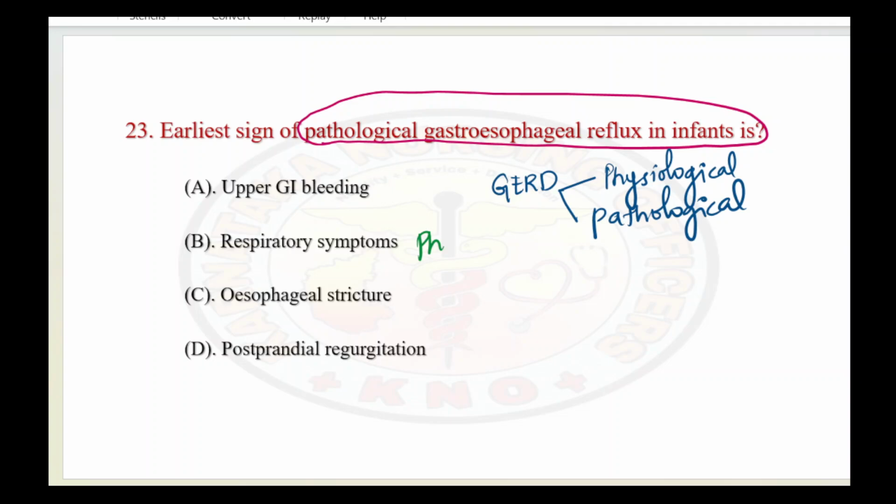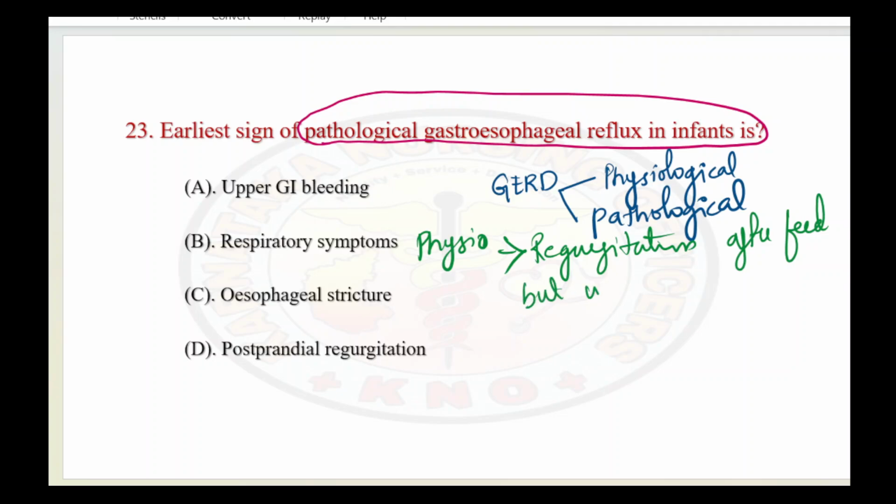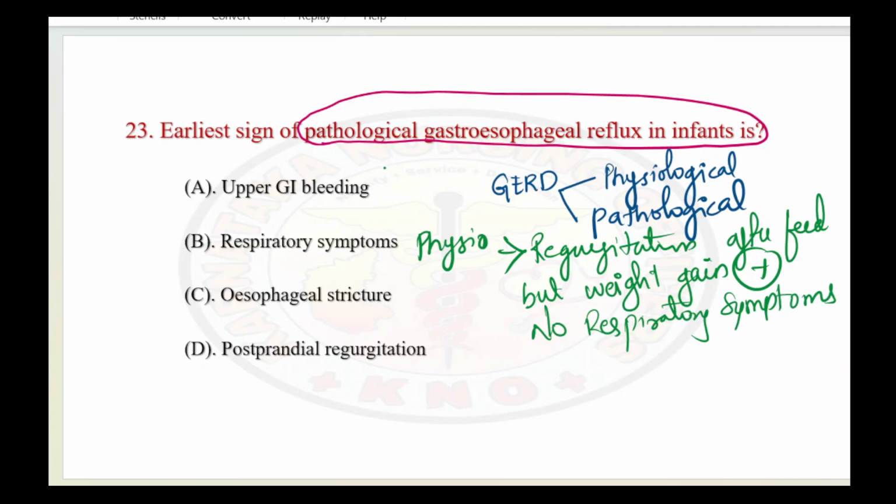In physiological, regurgitation will be present after the feed, but still weight gain is present. Weight gain is present, no respiratory problems. No respiratory symptoms that you are going to see in physiological GERD.